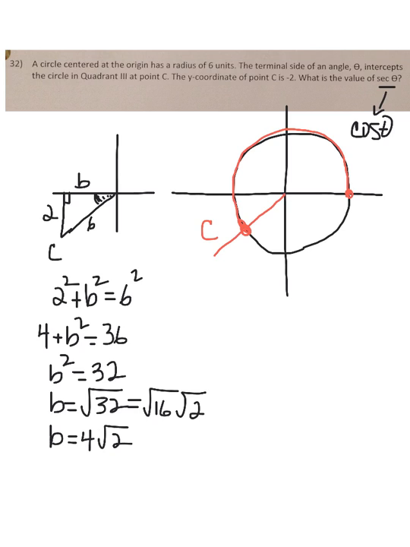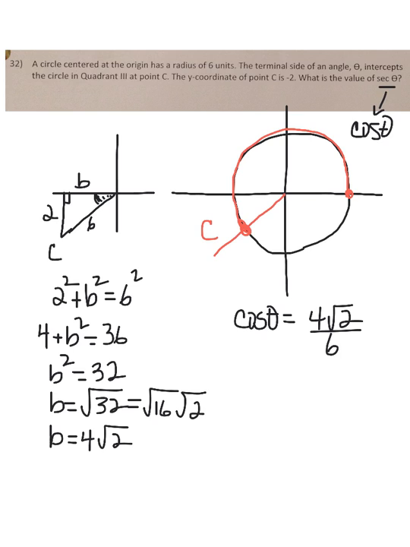All right, so I am going to find the cosine first, and then I'll take the reciprocal of that. So my cosine is adjacent, and let's go back to this reference angle here. Adjacent is b, which is 4 radical 2, over the hypotenuse, which is 6.